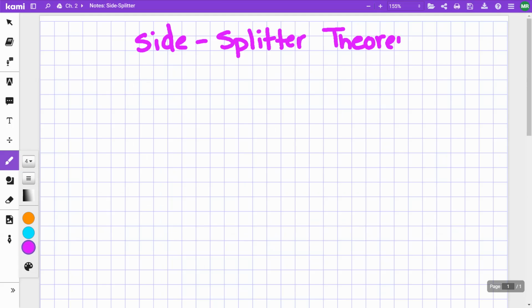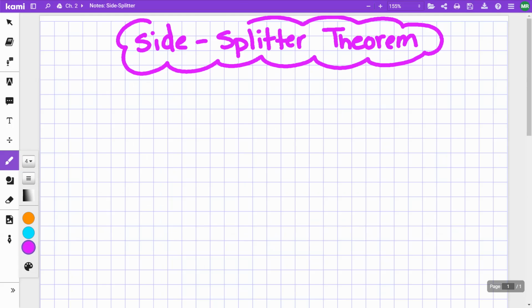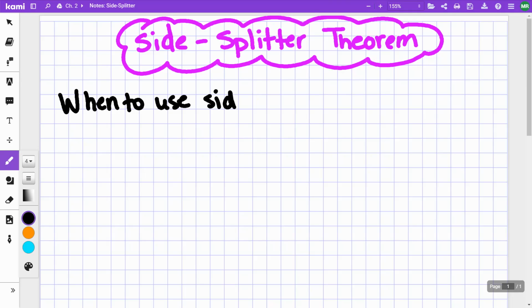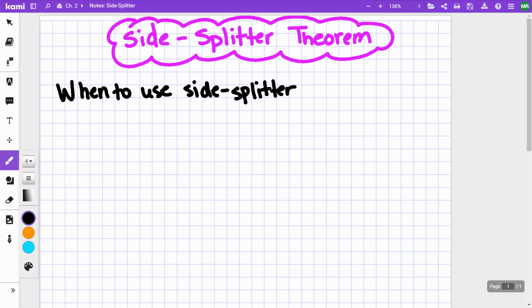And I'm actually doing a problem from our D-Day from the other day as an example. What's important to understand is when can you use side splitter and when can you not? So when to use side splitter, and when not to use it.